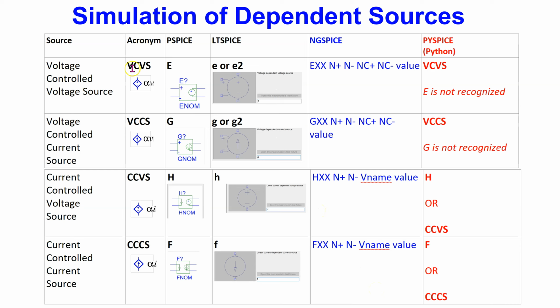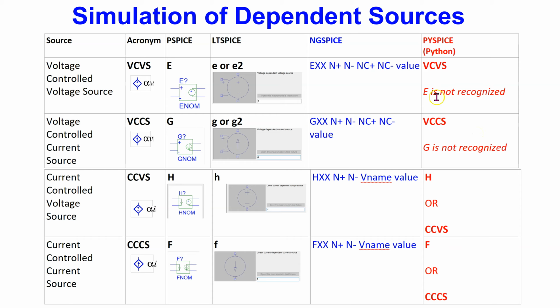Circuit simulators such as PSPICE, LTSPICE, NGSPICE, and PYSPICE all provide inbuilt part names to simulate dependent sources. The naming convention of the dependent sources is nearly consistent across the simulators. The letters E, F, G, H are used for the part names.